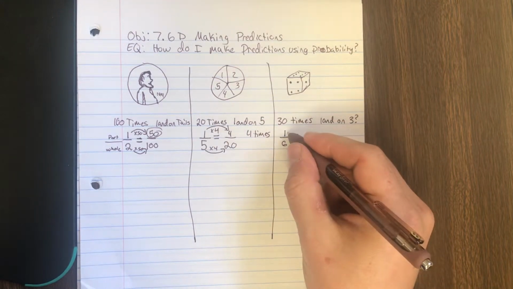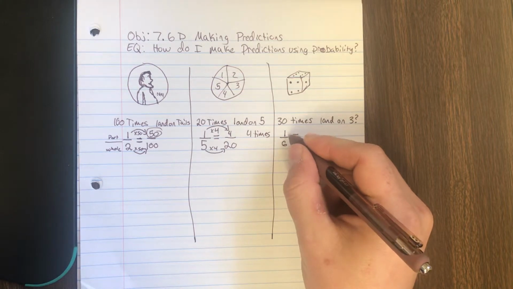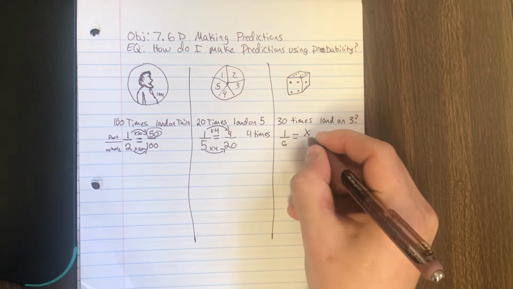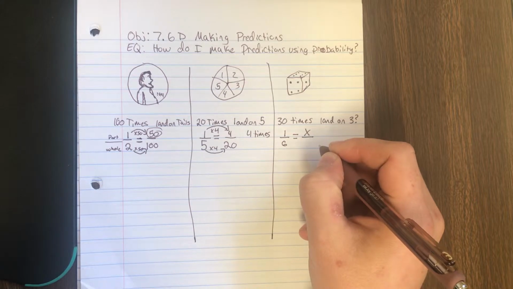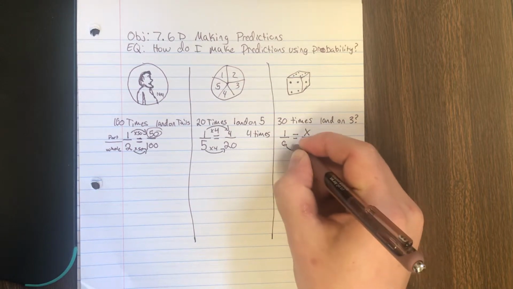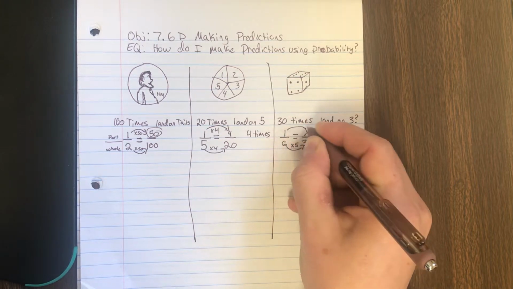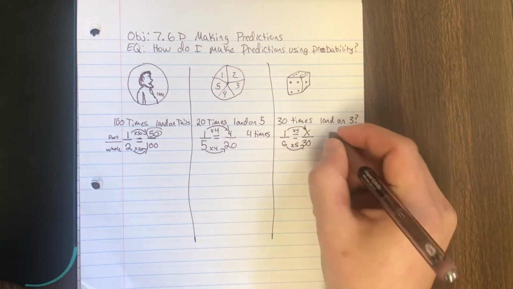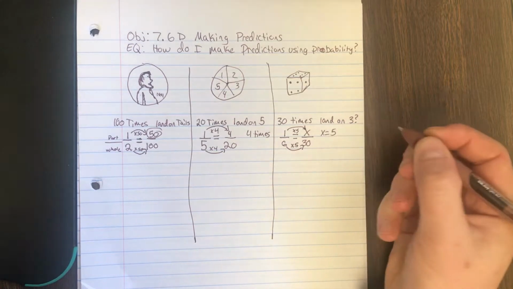So one roll out of 6 rolls, I would get the number 3. How many times would I land on 3 if I rolled it 30 times? You see a relationship of times 5 here, so you would do the exact same thing to the top because they have to be proportional. So x would equal 5, okay?